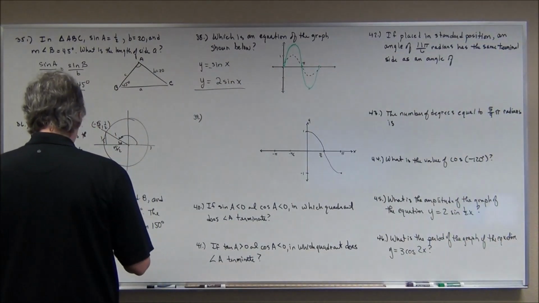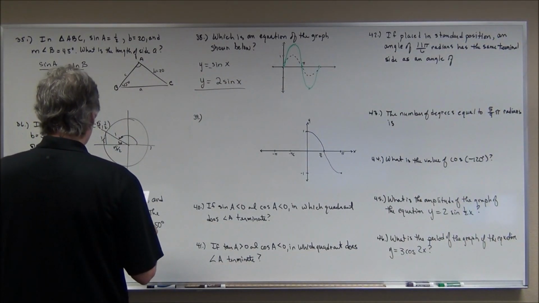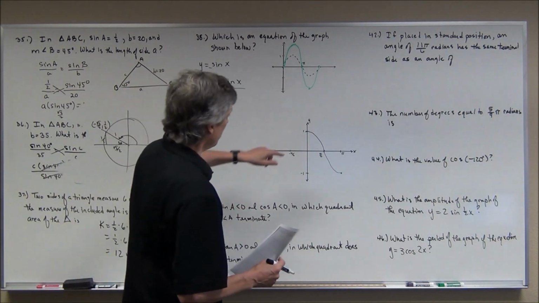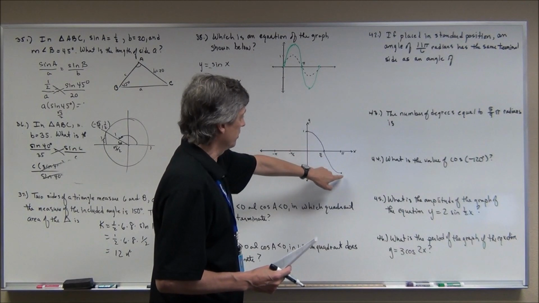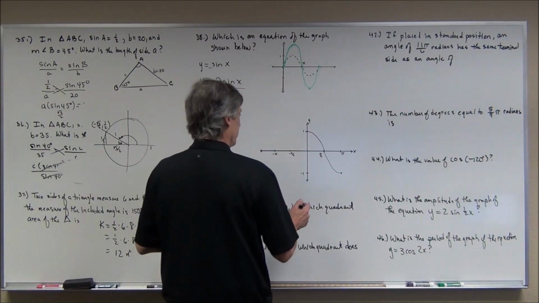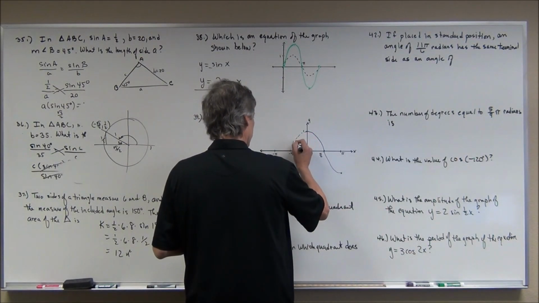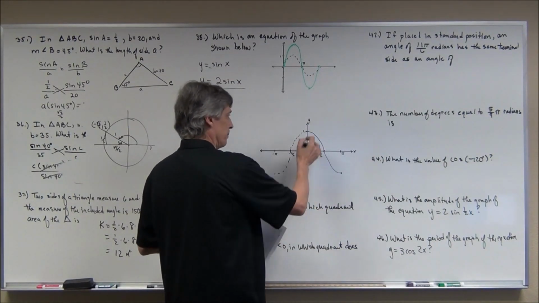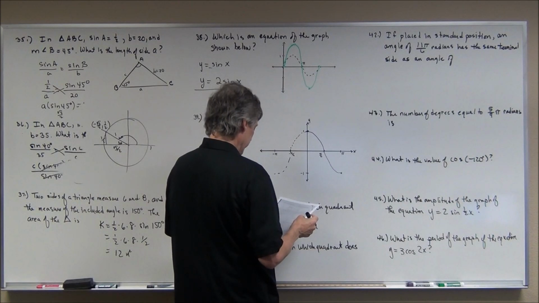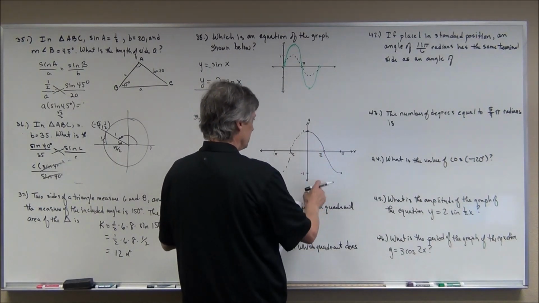Let's see. I am asked to find the equation, okay. Now in this case, notice that it peaks up here at 0, 1, and goes through pi over 2 down here to pi. Now that tells me, if I continue my graph, that looks like a cosine because it goes up here at 0, 1. So there's not been a change in amplitude.